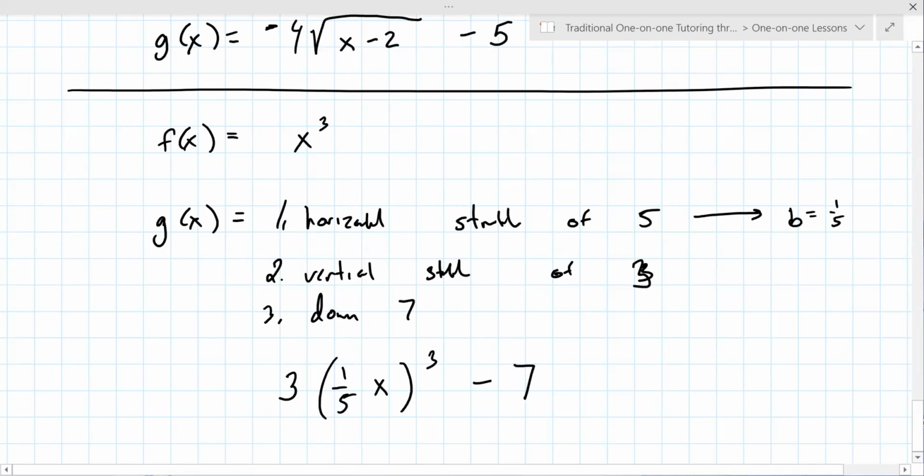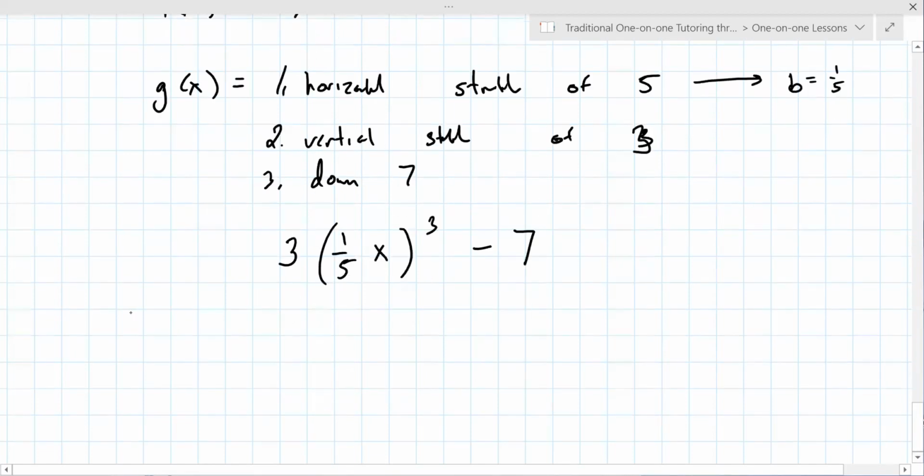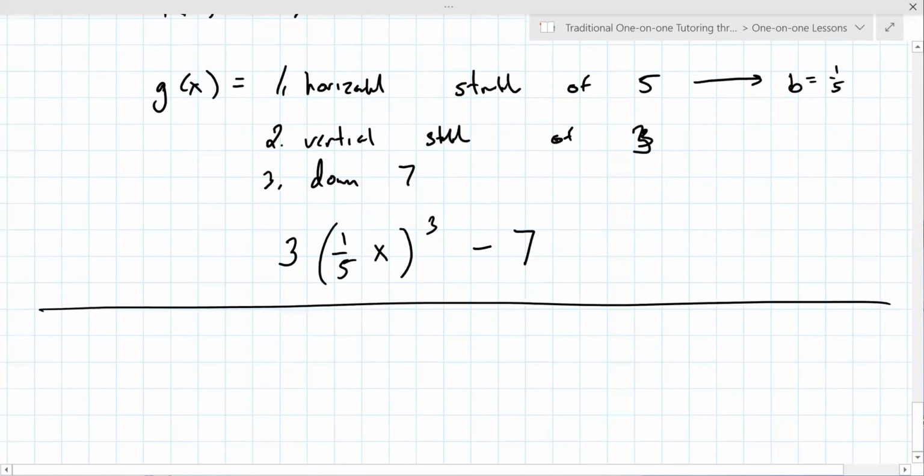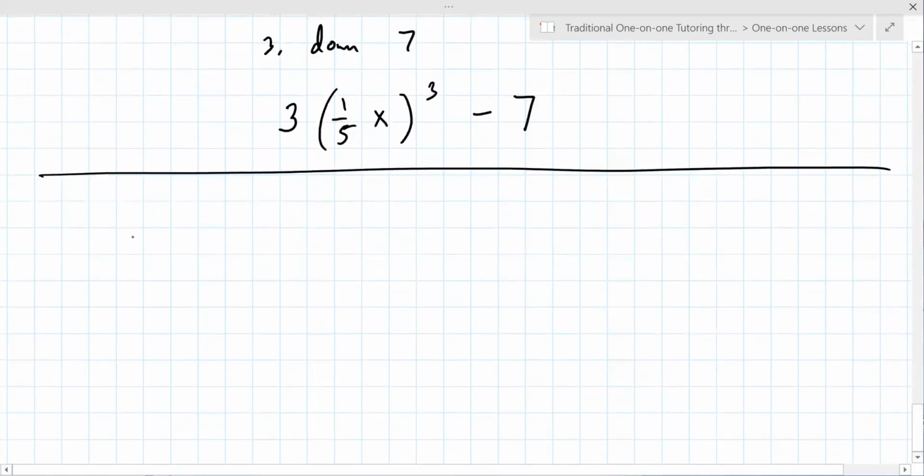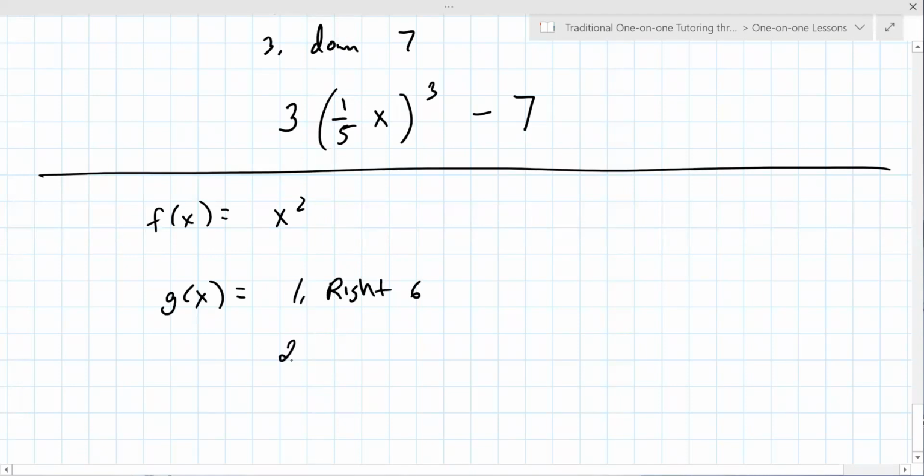Yeah. So let's try one more and then move on to evaluating functions, combining functions. So let's say your f of x is x squared. And let's say g of x has the following. It is right 6. It has a horizontal stretch of 2.